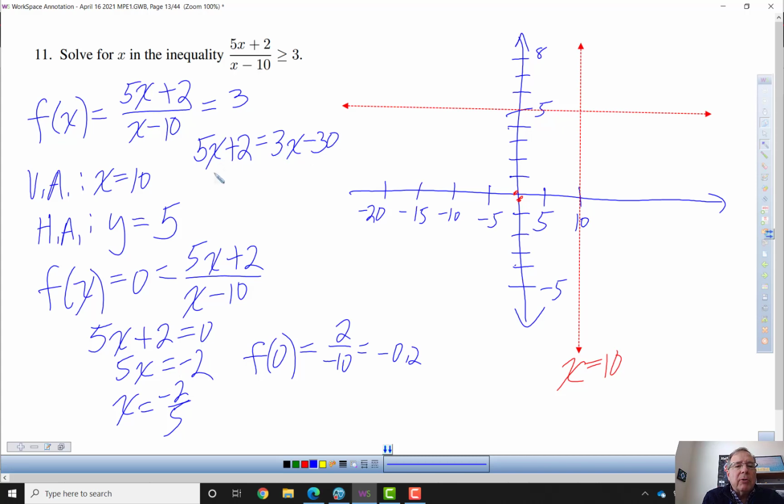Subtracting 3x from both sides, 2x, subtracting 2 from both sides, negative 32, x equals negative 16. So that's going to be right about here. And I'm going to put in a horizontal line at y equals 3 and make it solid.